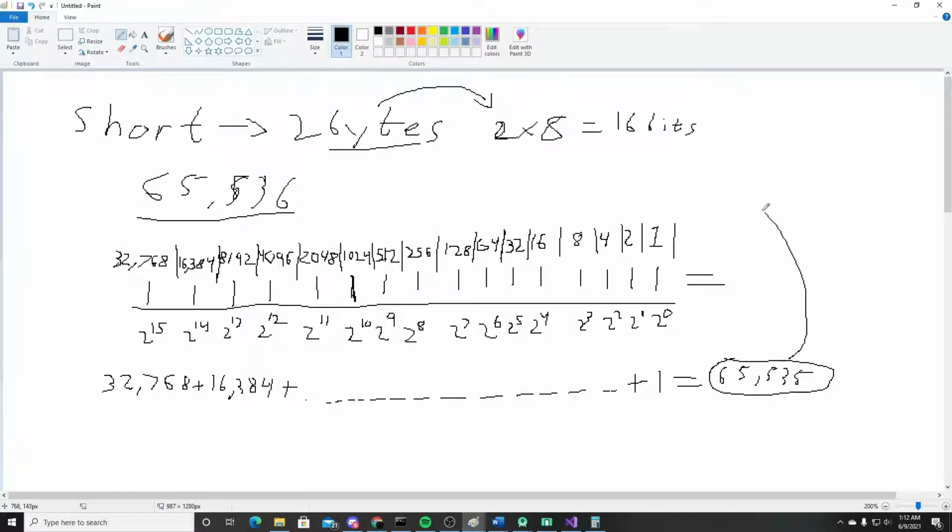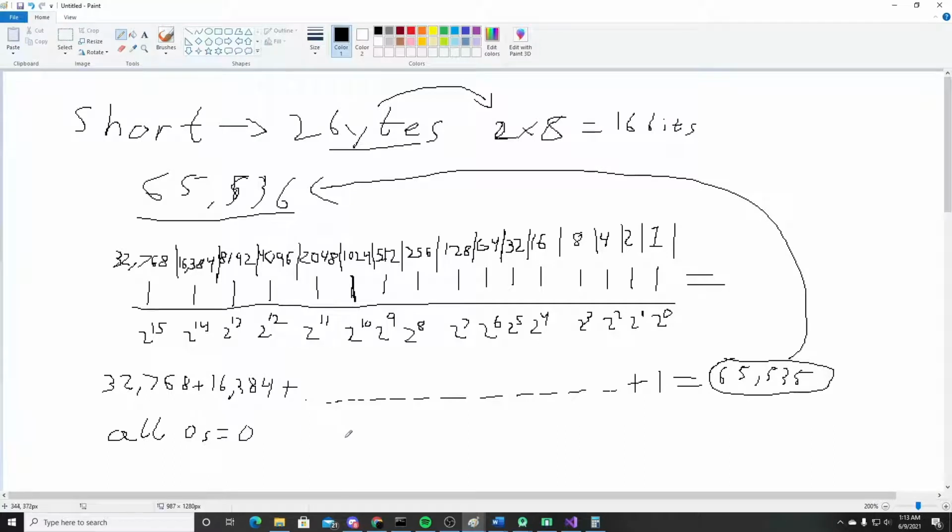So if we compare it now to the range of values that we can represent with 16 bits or short, you'll notice that these are off by 1. And why is that the case? Well, because if you think back to our absolute minimum value, which is where all of these were 0, we know that if we have all zeros, the result is going to be 0.